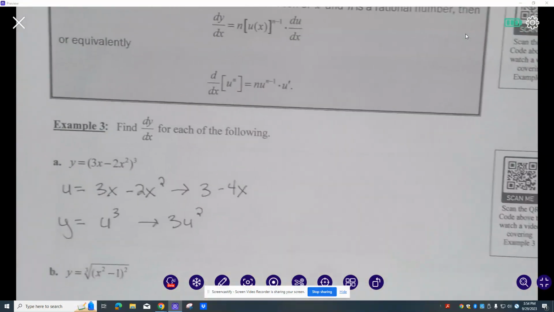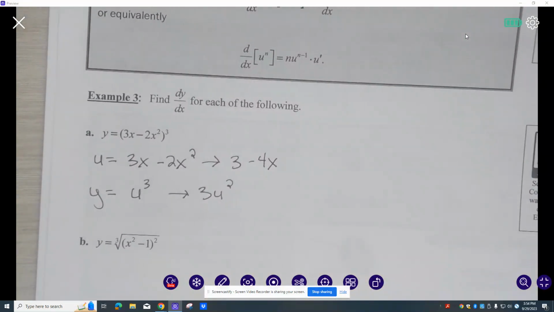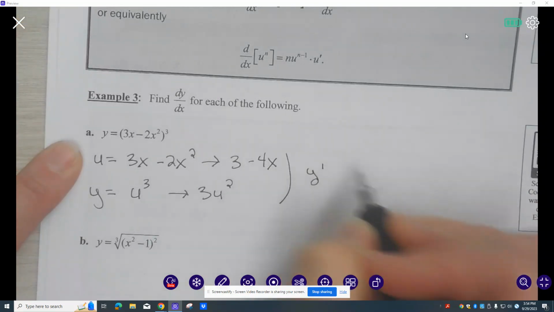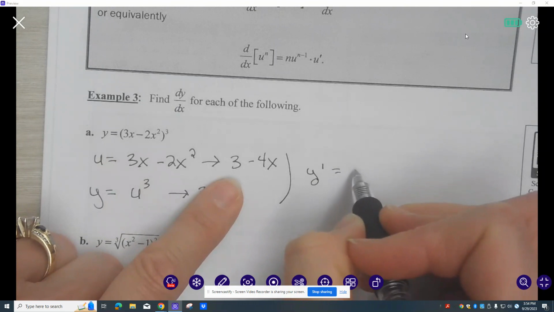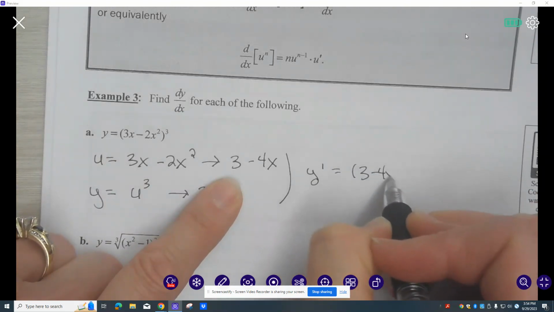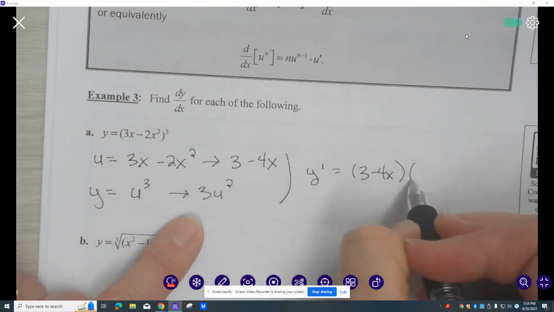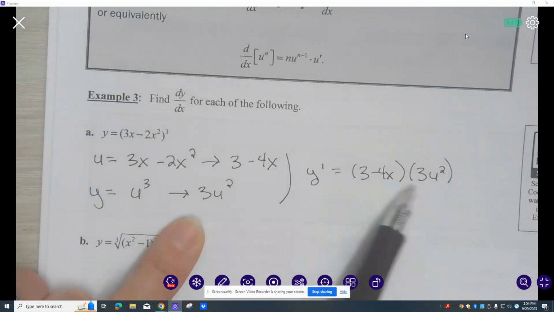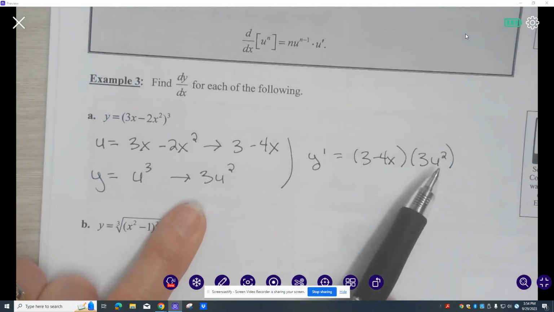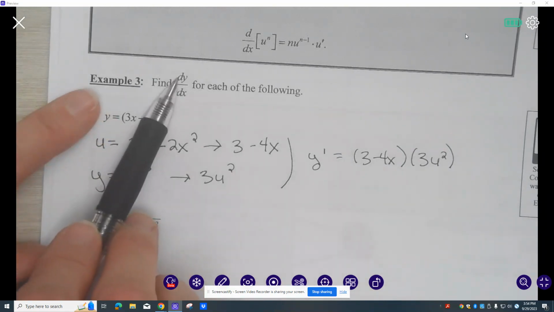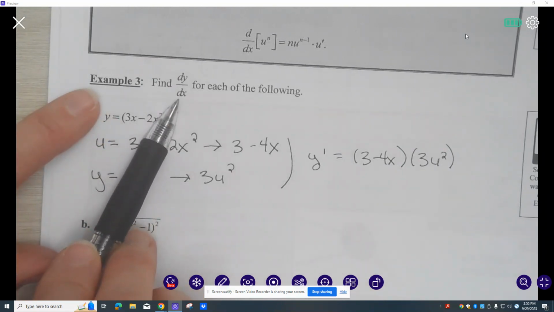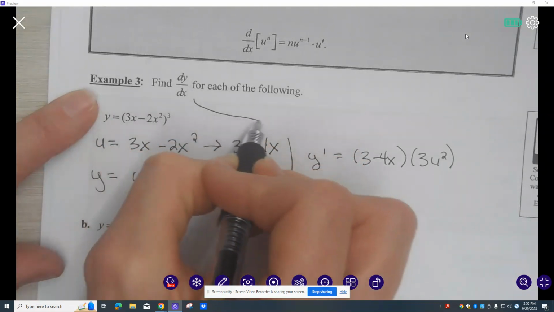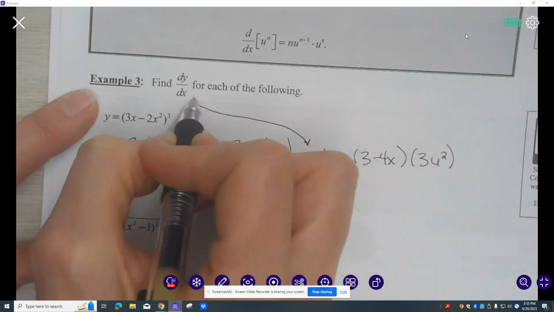So what I'm finding here is y prime is going to be equal to 3 minus 4x times 3u squared. But I need everything to be x-ish. I can't have any u's, right? This says find dy/dx. I'm calling it y prime, but these are the same, just a different way to denote it.